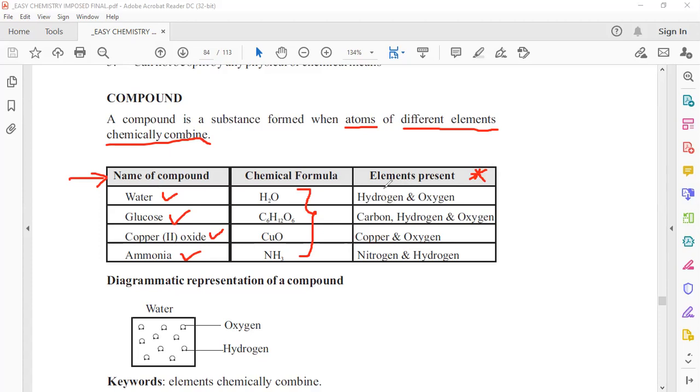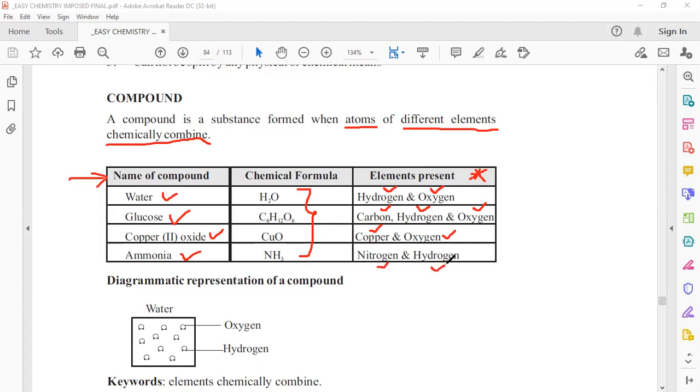In water, we have hydrogen and oxygen combining in a certain proportion. In glucose, we have carbon, hydrogen, and oxygen. In copper 2 oxide, we have copper and oxygen. In ammonia, we have nitrogen and hydrogen.